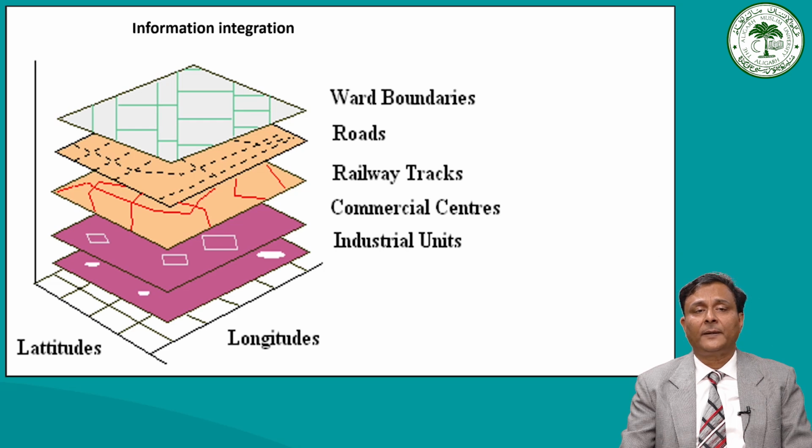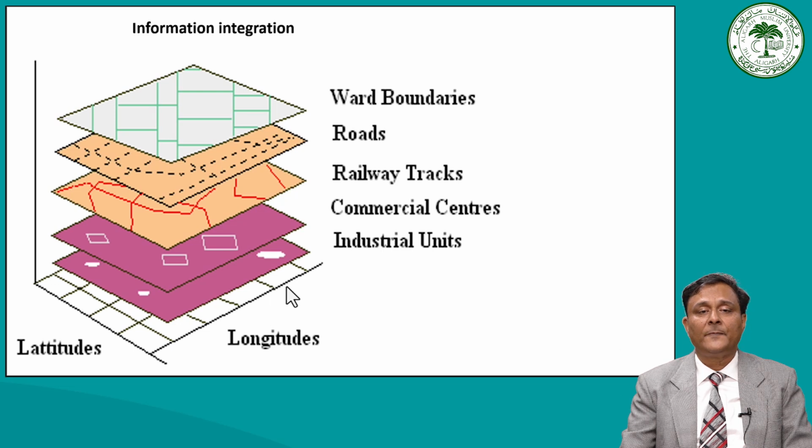This way the information is being integrated. This way the spatial data integrates different layers. Layers means attribute information associated with any specific location. So here the latitude and longitudes are depicted.